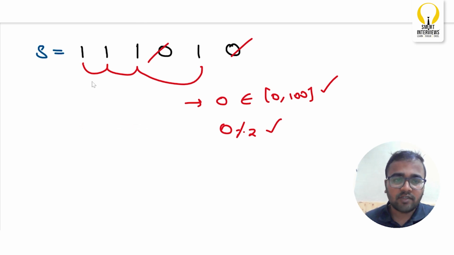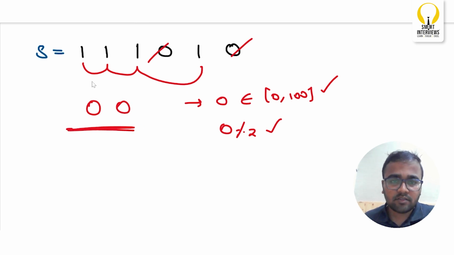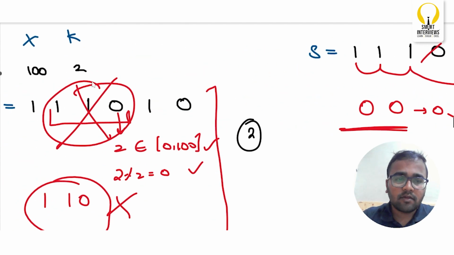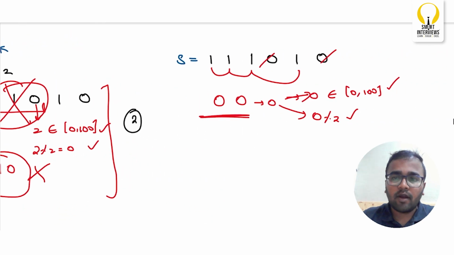If I remove this, what is the leftover subsequence? 0 and 0. Can I remove this? Yes, because the number of inversions here are 0 and it is satisfied, and this is also satisfied. So I'll remove this. So how many operations did I take? 2. But I did not take such subsequences. I took another subsequences.